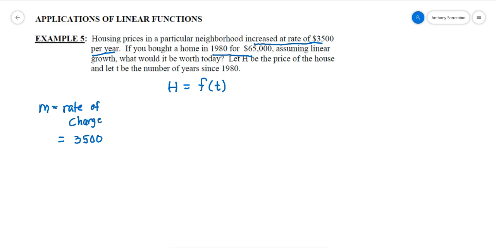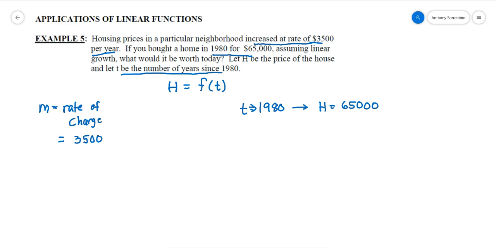In 1980, H equaled $65,000. So it wants you to let T be the number of years since 1980.